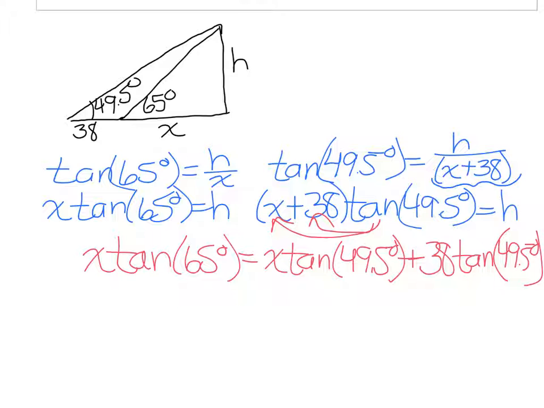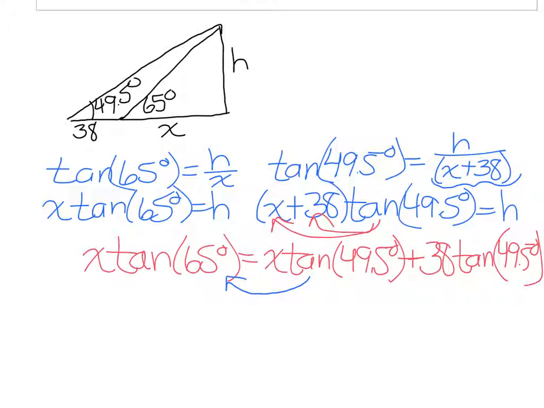Okay, that's a plus. Alrighty, so we want our x terms to be together, so I'm going to subtract that term from this term, and I'm going to factor out my x's. I'm going to do it all in one step.